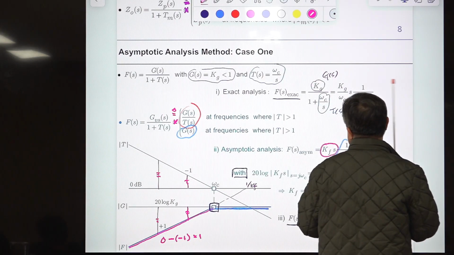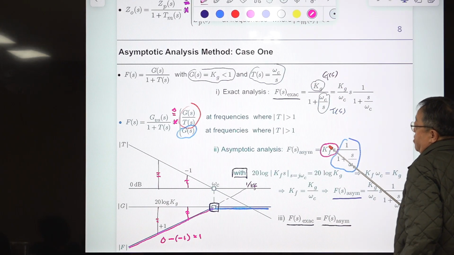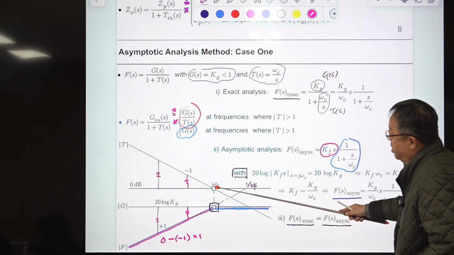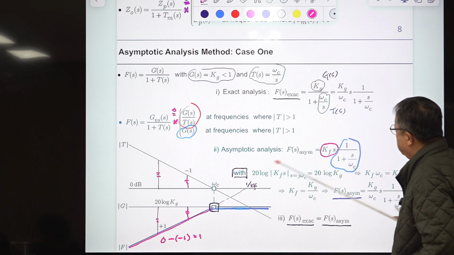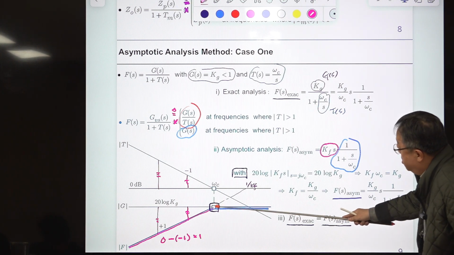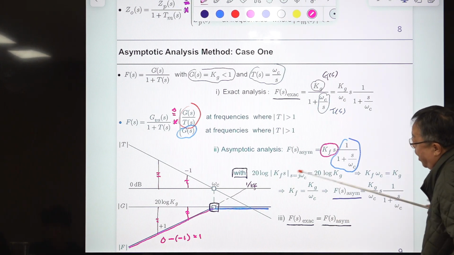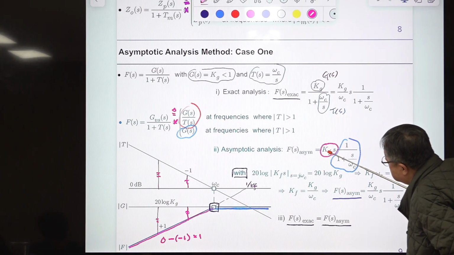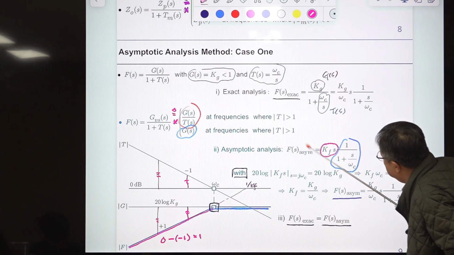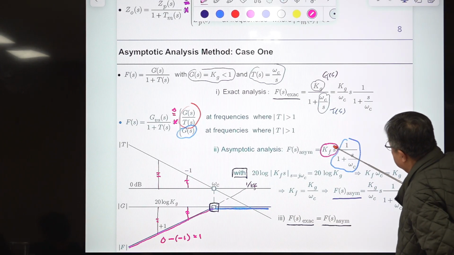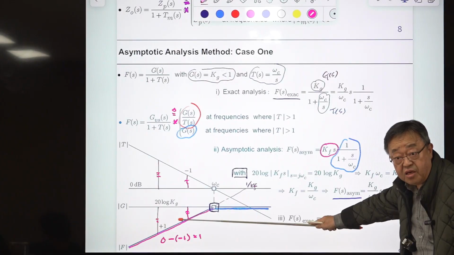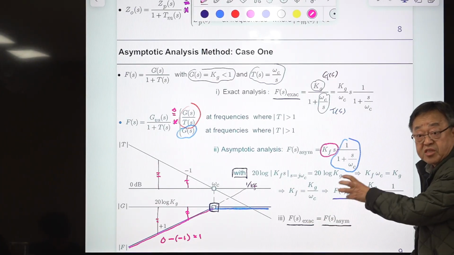Then you need to find out this KF. To evaluate KF, consider this frequency, omega C. At this frequency, this line segment is valid because this is the line segment passing through this. At this frequency, you put this omega C here, that value is what? Kg. That is what this plot is saying.